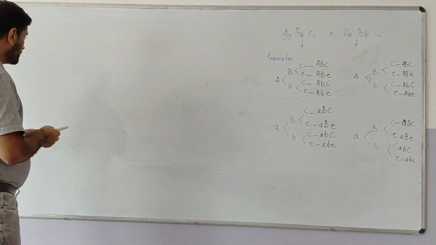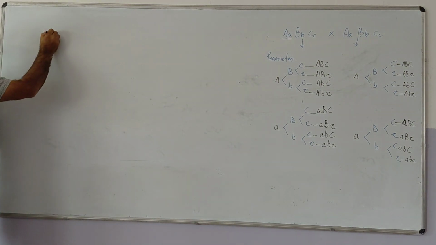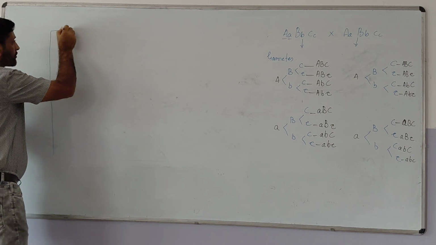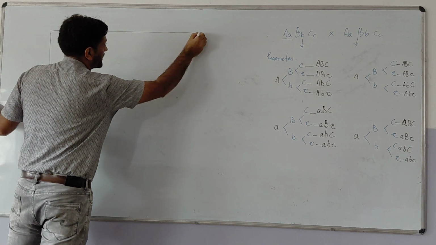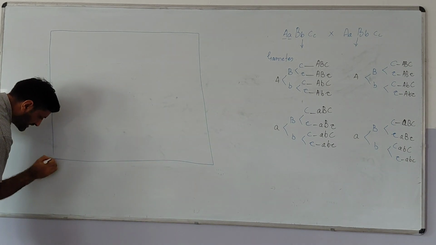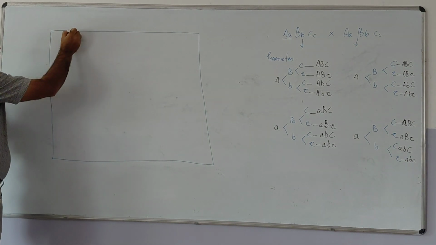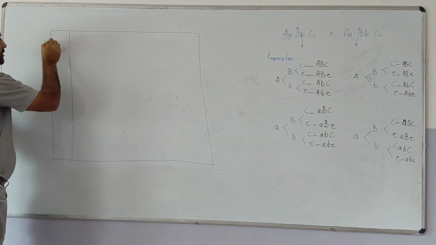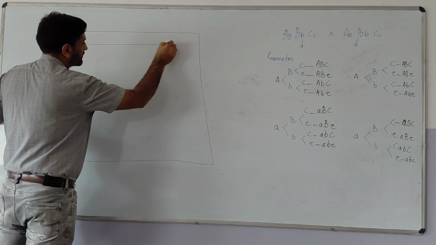In Punnett square, we have this table. When the number of gametes is 8 from each parent, the number of zygotes will be 8 into 8, that will be 64. So here 64 zygotes will be formed.